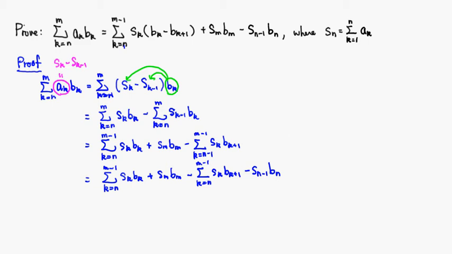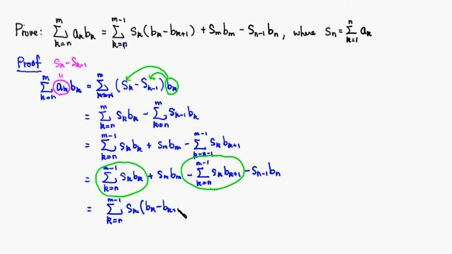We can combine these two summations together to get the summation k goes from n to m minus 1. s_k is in common, so we can just do b_k minus b_(k+1).